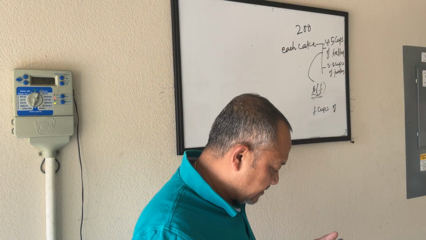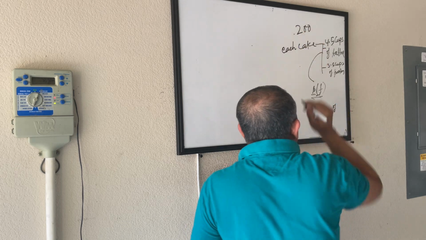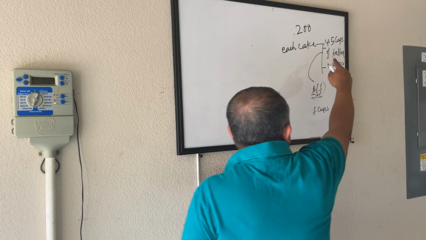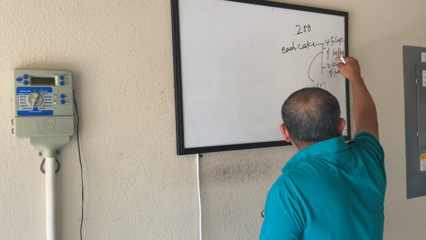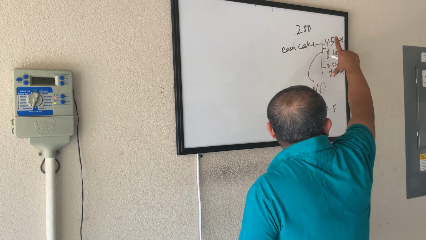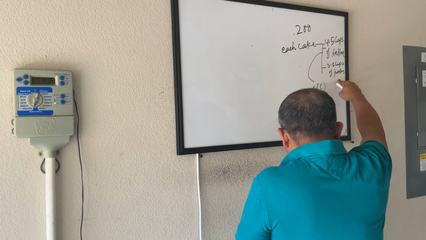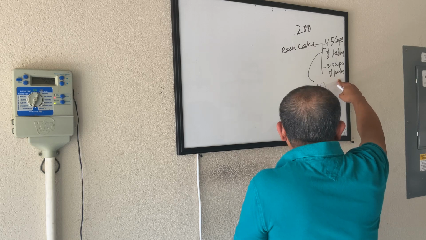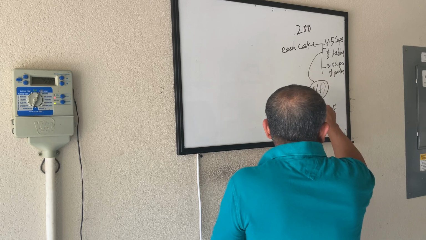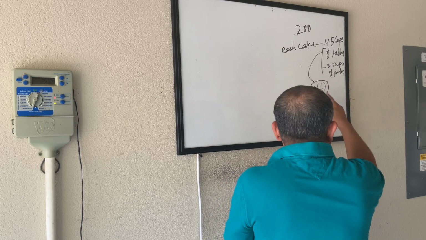Let me read it one last time. A bakery made 200 cakes for an upcoming holiday. Each cake was made from 4.5 cups of batter and 3.5 cups of frosting. So every cake took this much batter and this much frosting. Which of the following shows the number of cups of batter as a function of cups of frosting?